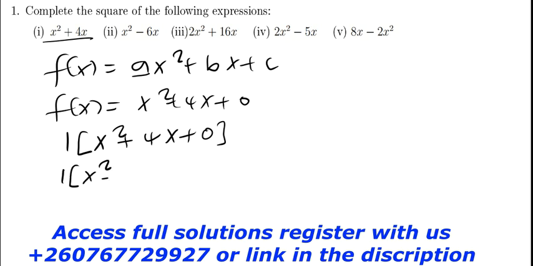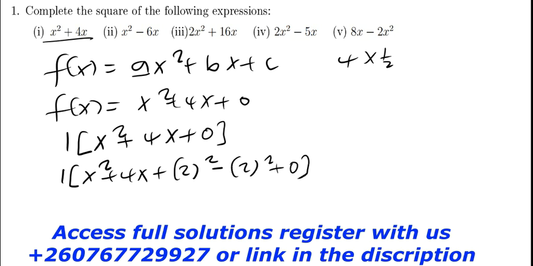Then the next step is you rewrite this 4x. Next you find half of the number that has got x, in this case 4. So half of 4 is 2. I put it in the brackets, squared, minus the same thing that I've done, then plus 0. So I'll keep on bringing 1. Now we ignore the part having x.